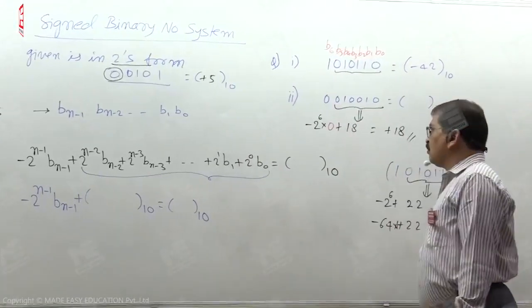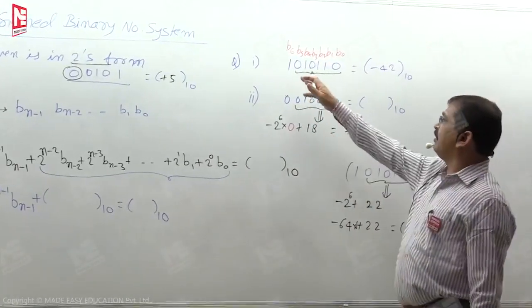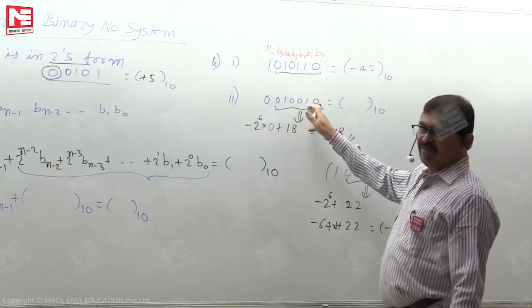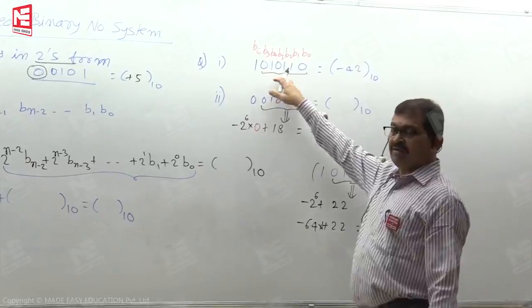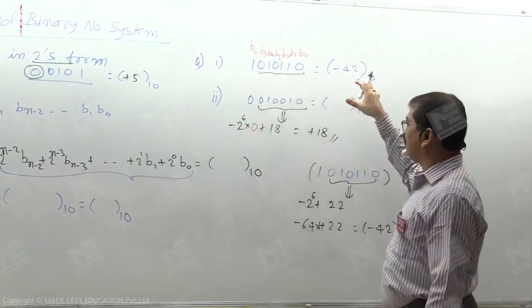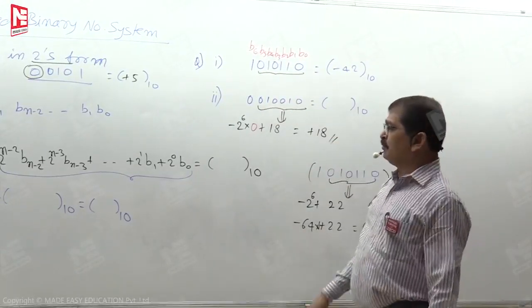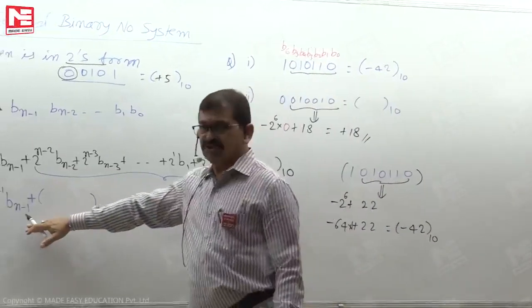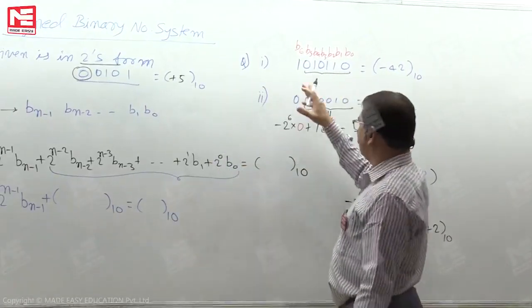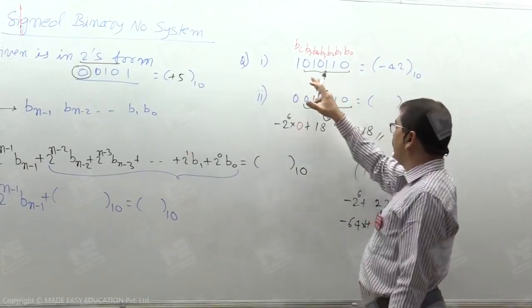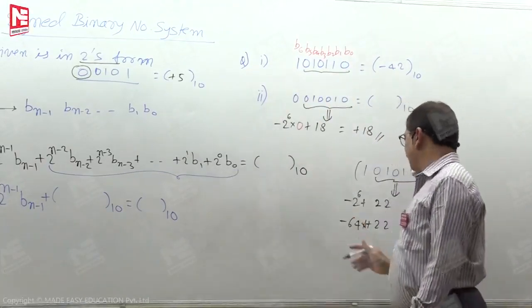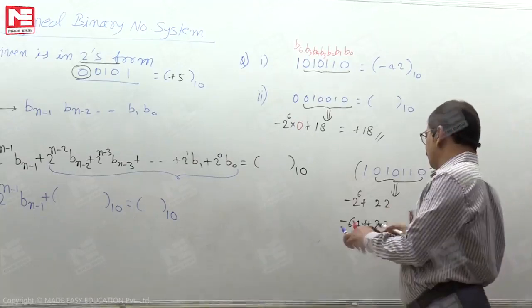So when I put a question as the given numbers are in 2's complement form, what are the equivalent decimal values? We use the same formula I mentioned here for both cases, whether it is positive or negative.